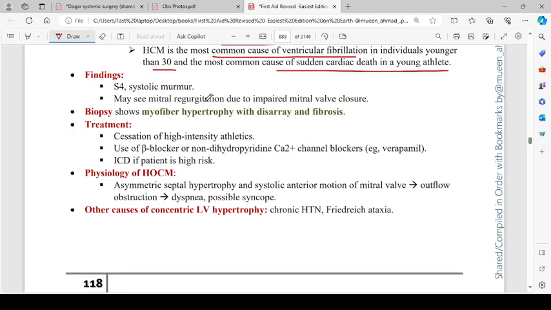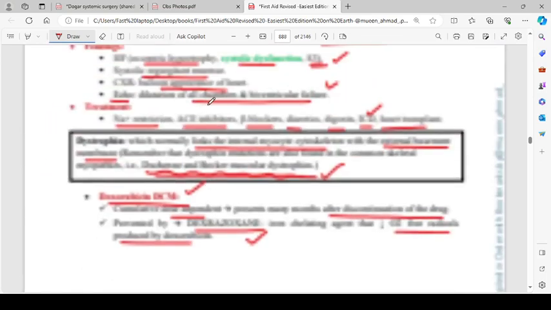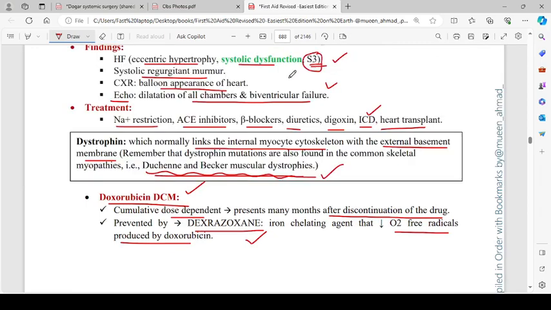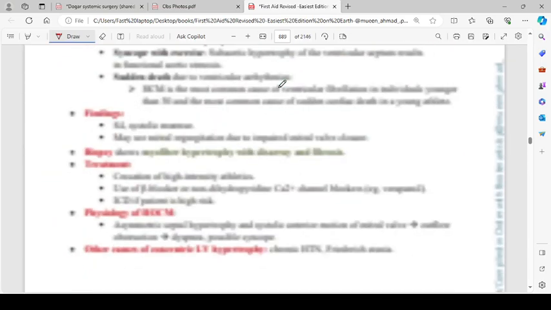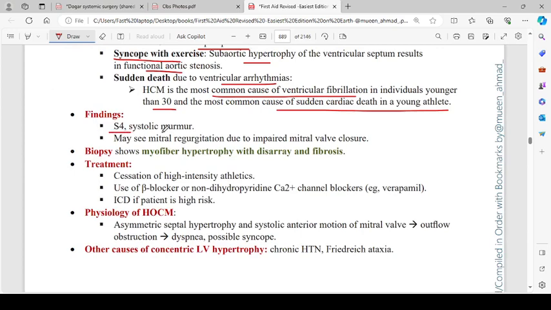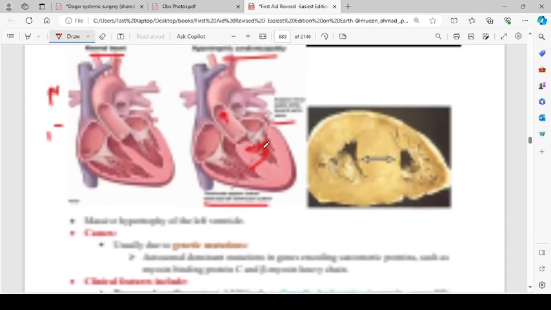Findings: in dilated cardiomyopathy, we were having an S3 heart sound, right? In hypertrophic cardiomyopathy, we are having an S4 heart sound, and there will be a systolic murmur. We may see mitral regurgitation due to impaired mitral valve closure. Now, the problem is not that the valves are too far apart.